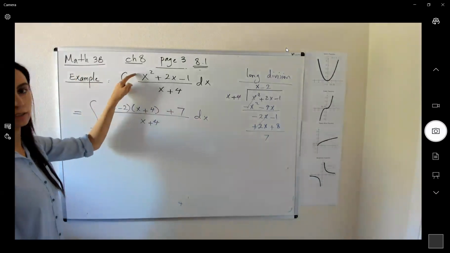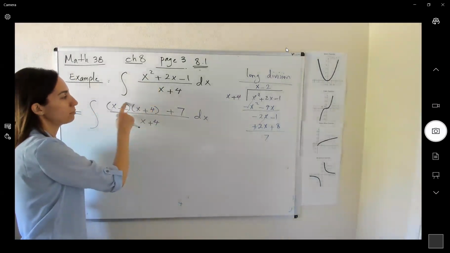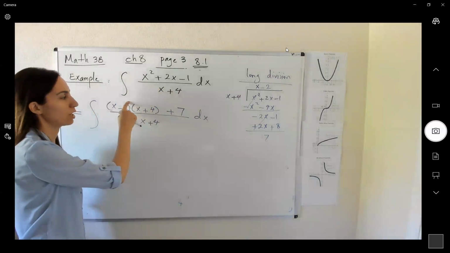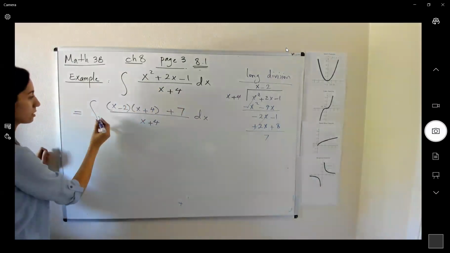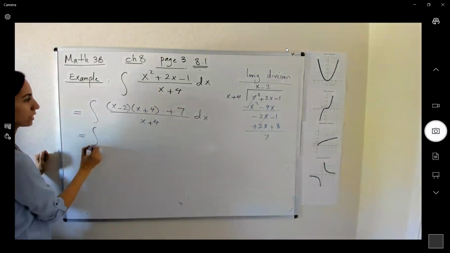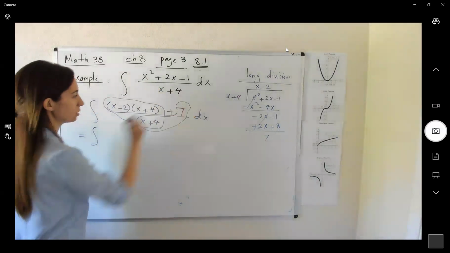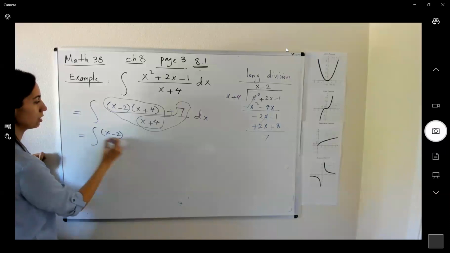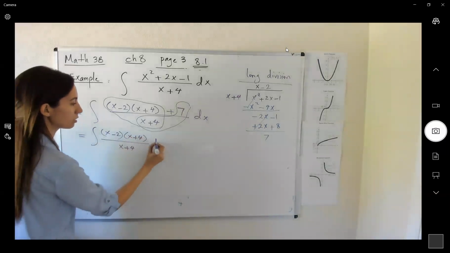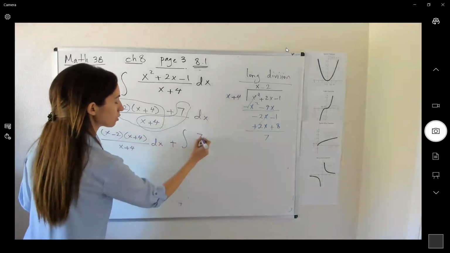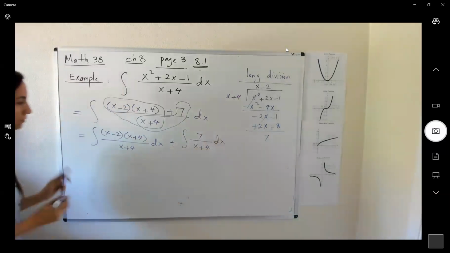So what I did, I tried to write the numerator in somehow factored form, so eventually I can simplify this fraction. I'm going to split these two fractions. I have x minus 2 times x plus 4 divided by x plus 4 dx plus the integral of 7 over x plus 4 dx.